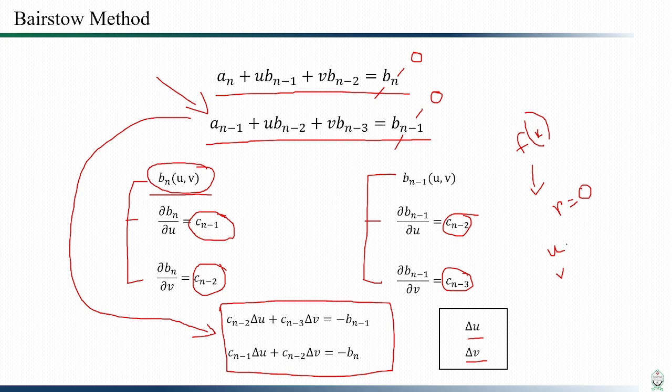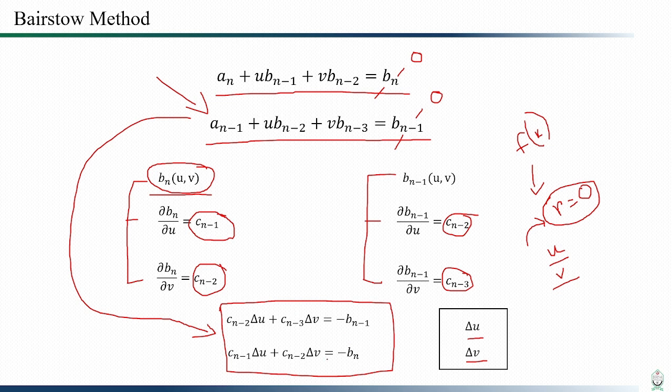Obviously, at the first iteration, we might not reach a level where the remainder is 0. So we have to run iterations, and running the iterations will lead us to exact values of u and v that make the remainder 0.